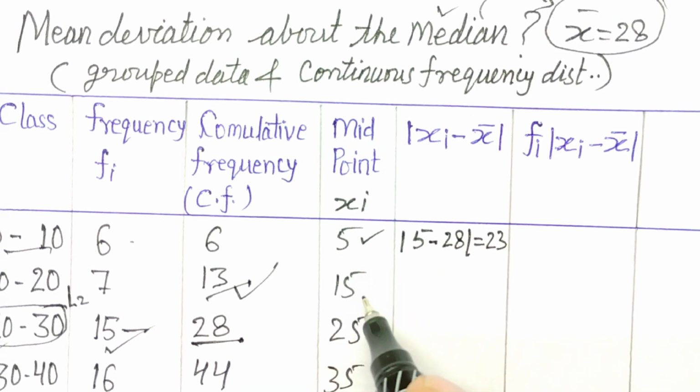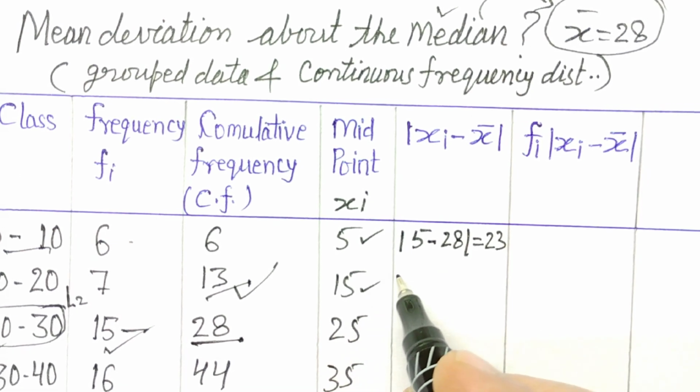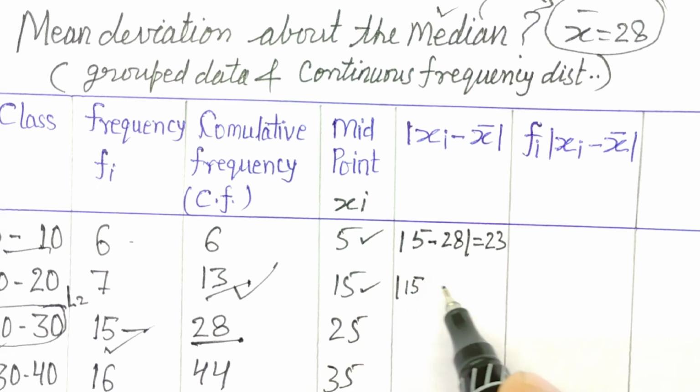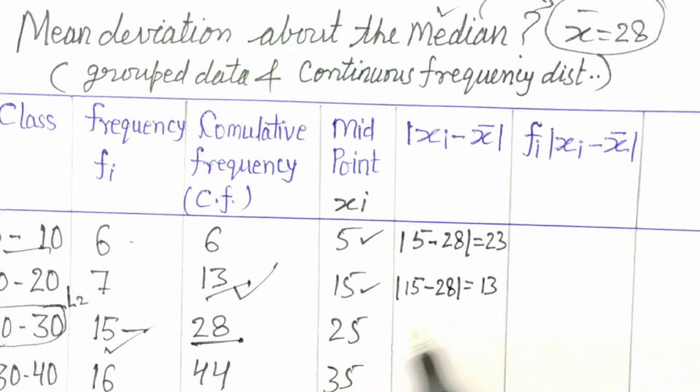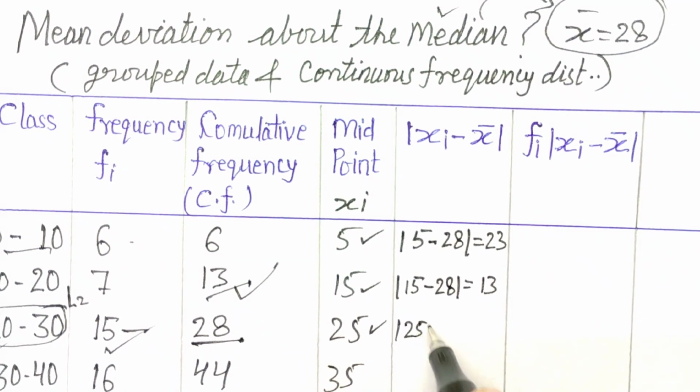Then mod of 15 minus 28 is equal to 13. Then mod of 25 minus 28 is equal to 3.